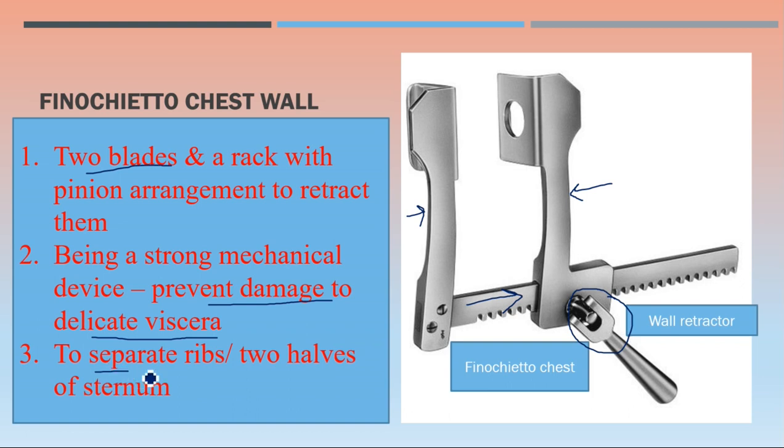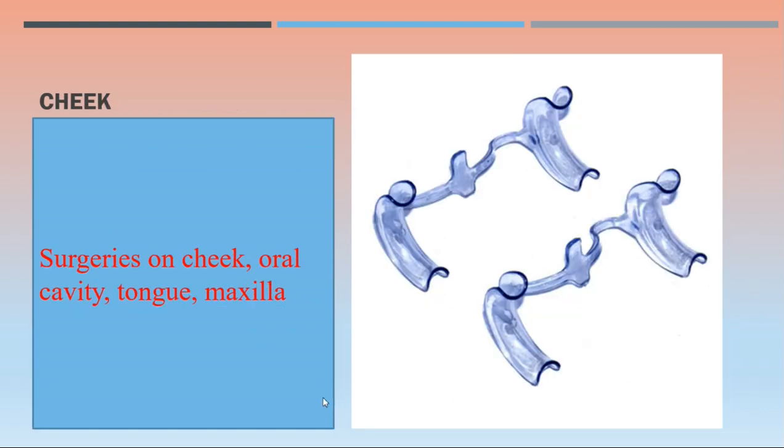This retractor is commonly used to separate ribs, or sometimes during a sternotomy to separate the two halves of the sternum. It can be used whenever we are applying a trapdoor incision or clamshell incision. These types of retractors are frequently used. Finocchio chest wall retractor. Then cheek self-retaining retractors, you can see these two things.